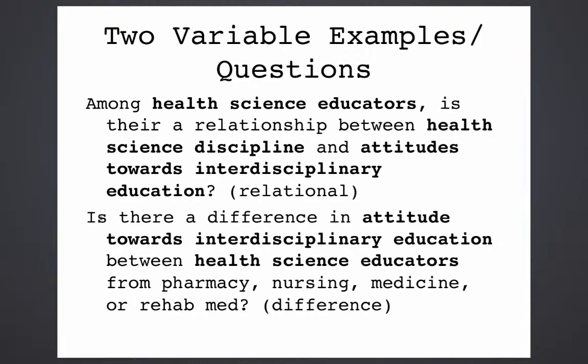In the difference format, what we have here is, is there a difference in the attitude towards interdisciplinary education between health science educators, there's our target population, from pharmacy, nursing, medicine, or rehab med? Okay, so here's where it became the difference format.